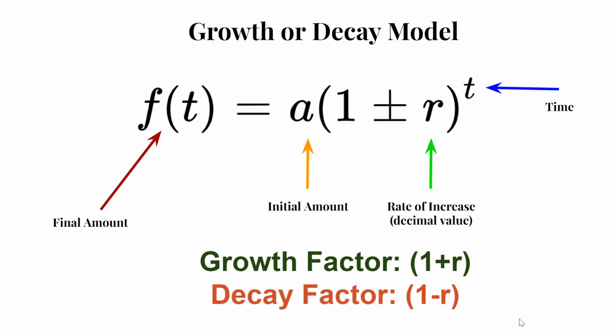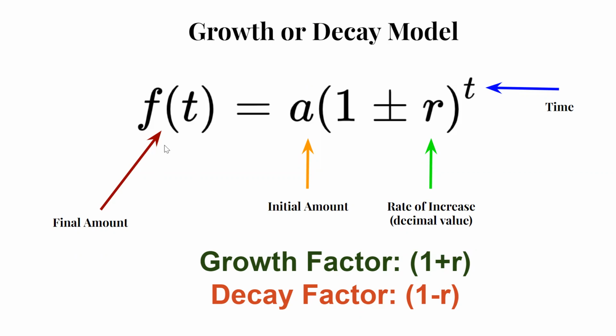Our decay factor is going to be what's missing. So for example, if we have something that depreciates in value, we want to know what is still appreciated of it. So we're going to have 1 and we're going to subtract the rate of it. So we're taking the opposite of it. So we have 1 minus that r. So we want to focus on the positive side, not the negative side, away from it.